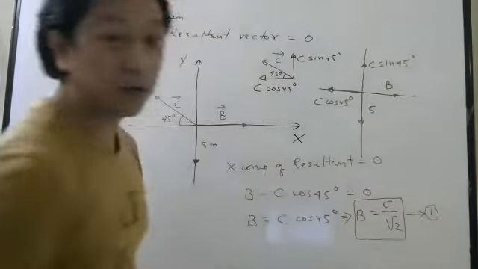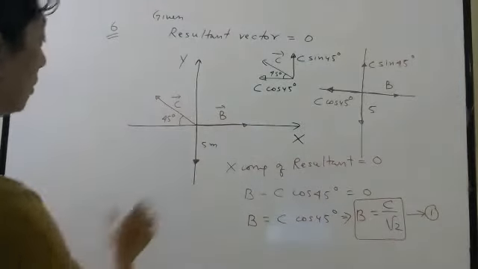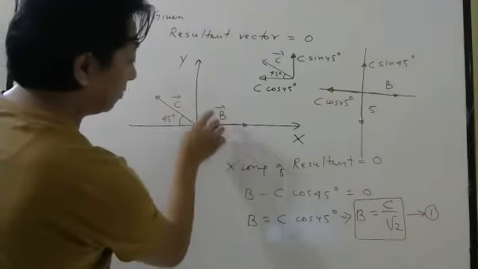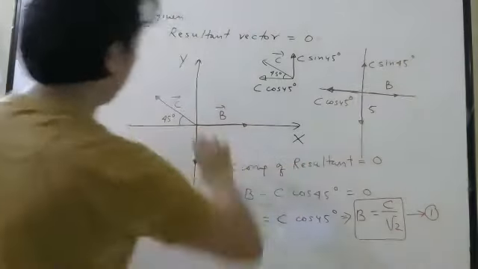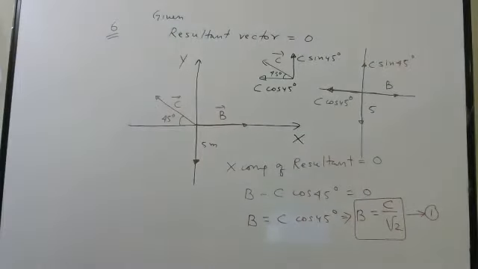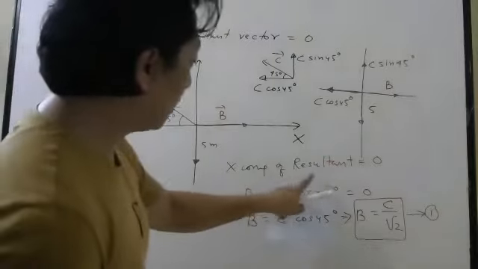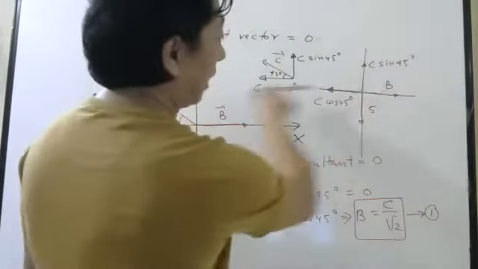Right now we cannot solve this because we don't know B, we don't know C. Our question is to find the magnitude of this B bar, which is this length, that is your B, and the magnitude of this vector, this is C. Since x component of resultant is 0, what is the x component of resultant? Look carefully along x-axis.